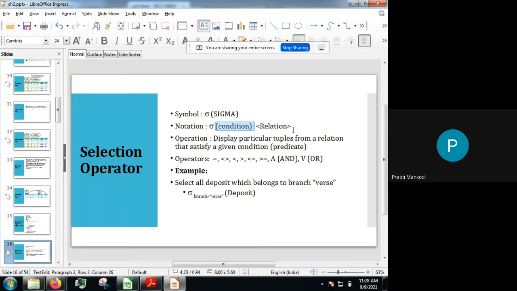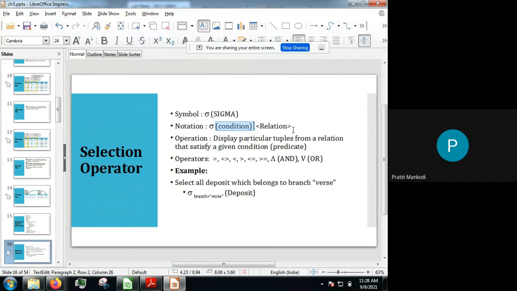That means what? You have performed the SQL query, I want to retrieve a specific tuple. Tuple means what? Row. So I want a specific row. Where? So your selection operation is similar to your where clause in SQL.